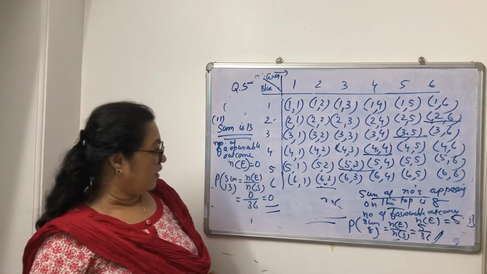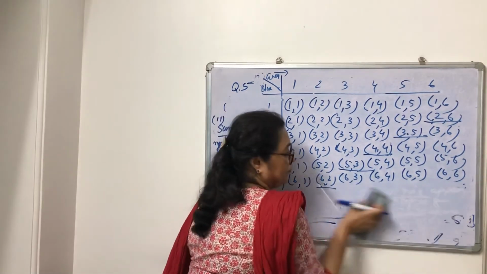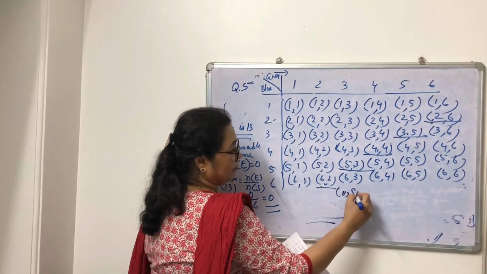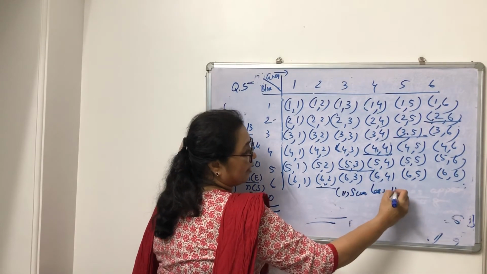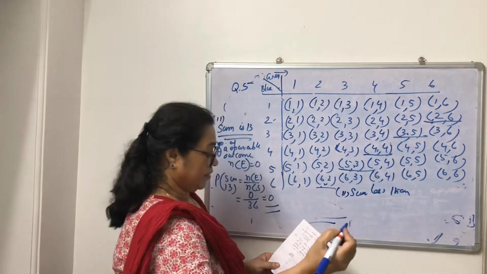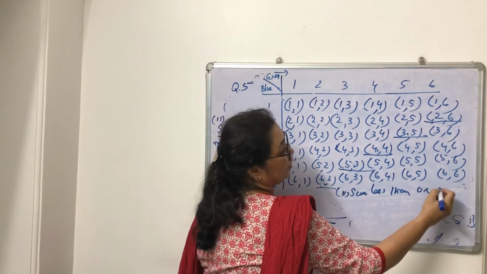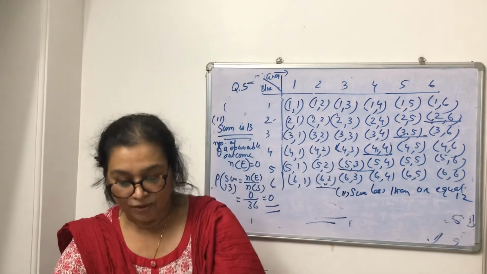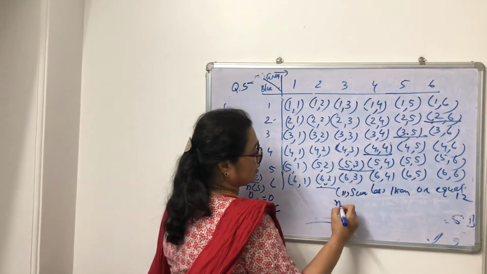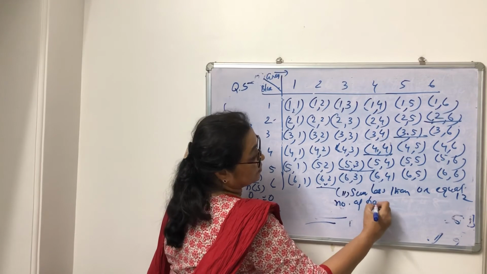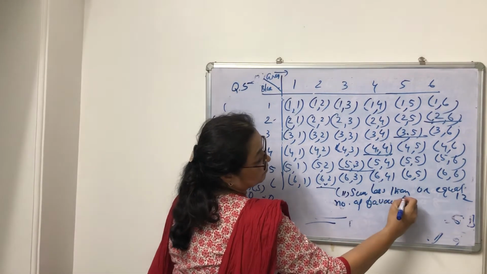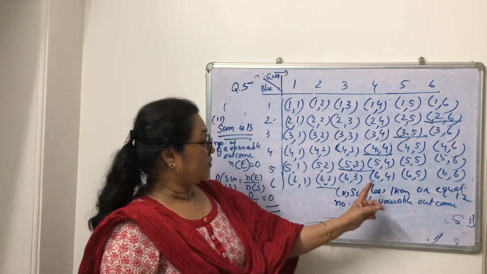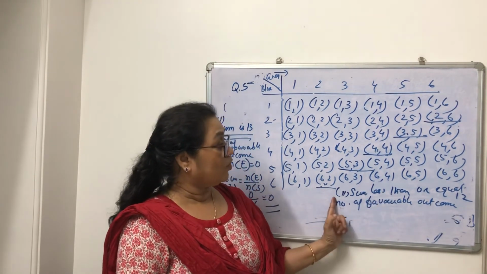Then the third one: sum less than or equal to 12. Number of favorable outcomes: you know, sum less than 12 or equal.